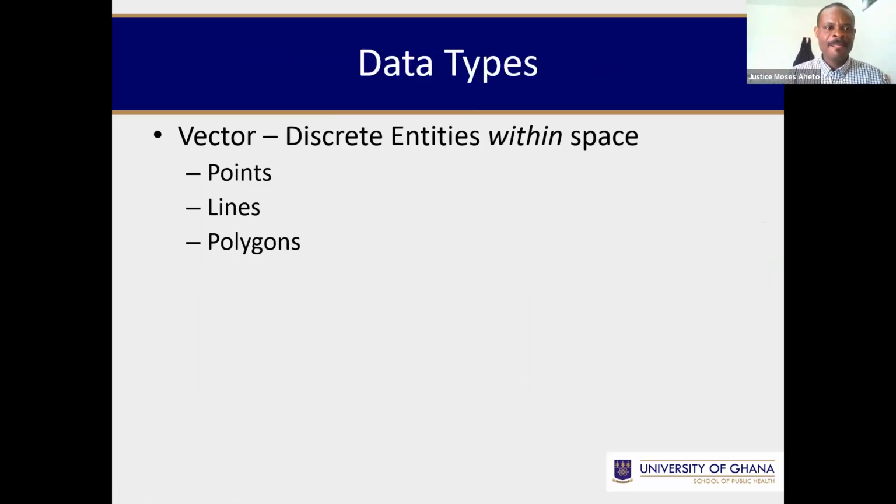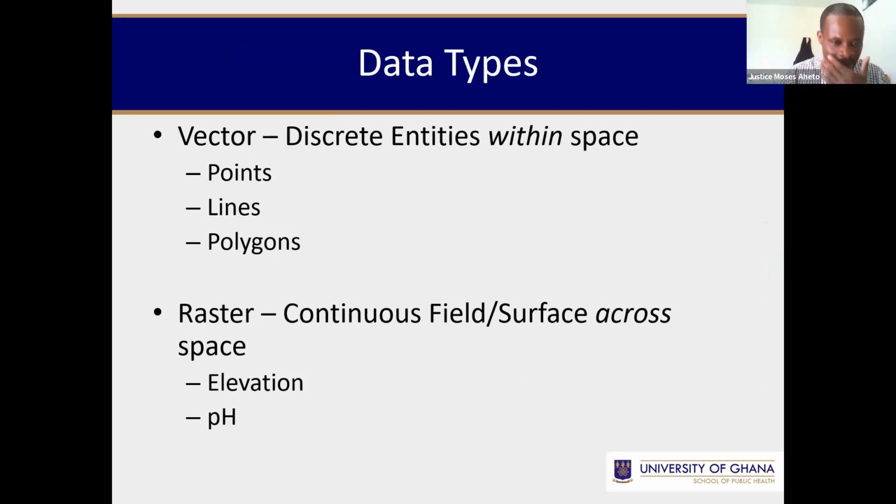Okay, so we discussed this already. This is just a recap again about data types. We said for the vector type, there are three main ones. We have the point, and then lines and polygons. And then when it comes to the raster file, earlier we discussed that these are captured like pieces in a grid, and for each grid cell, there's a value assigned to it.